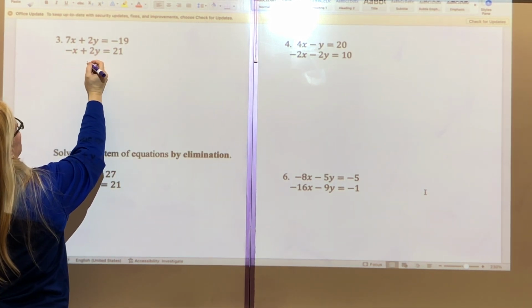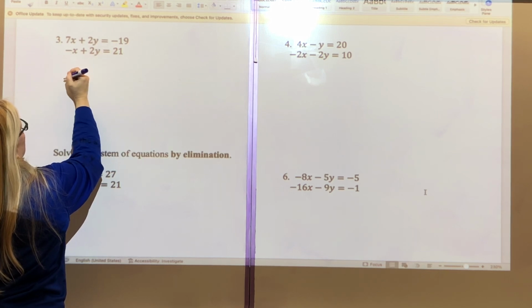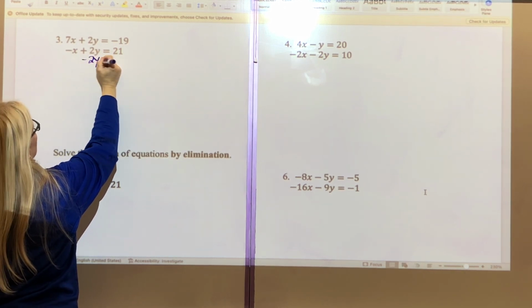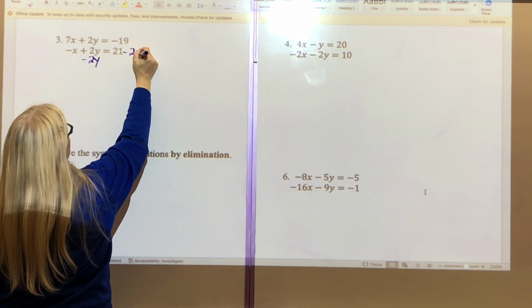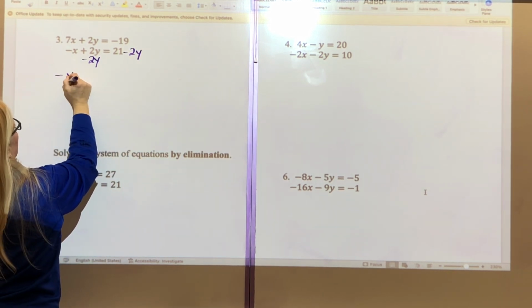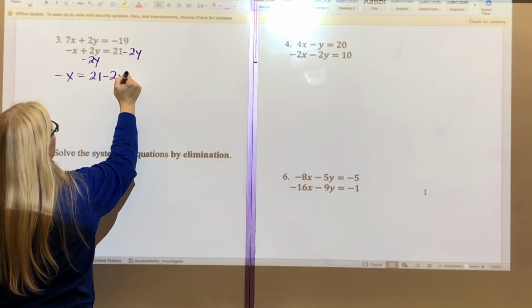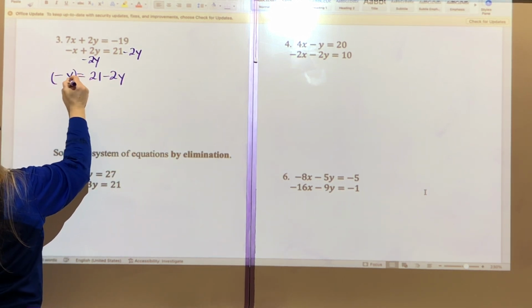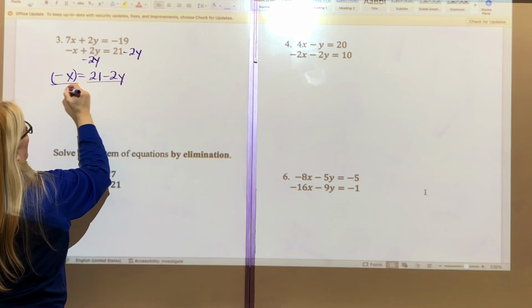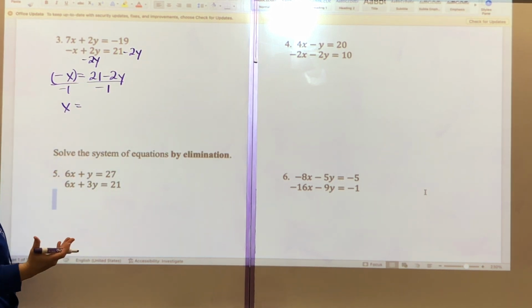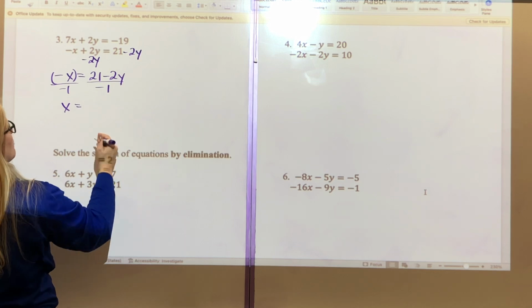Let's see, what's the best way to do this? Let's subtract 2y from both sides. So we have negative x equals 21 minus 2y. Now I'm going to multiply, or I guess divide, by negative 1. It does the same thing, multiplying or dividing by negative 1.